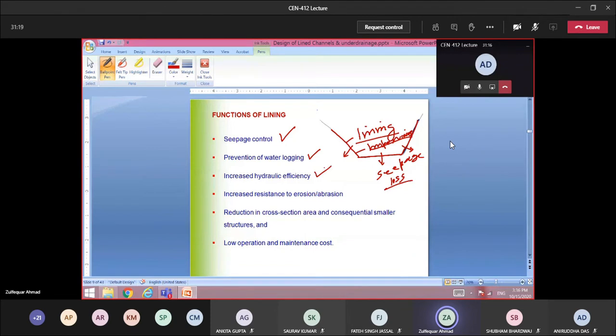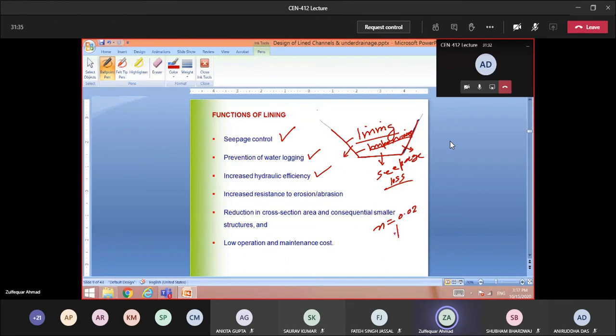Increase in hydraulic efficiency. Let us take this from the Manning coefficient. If you have an earthen channel, the Manning coefficient will be of the order of 0.02, let us say.